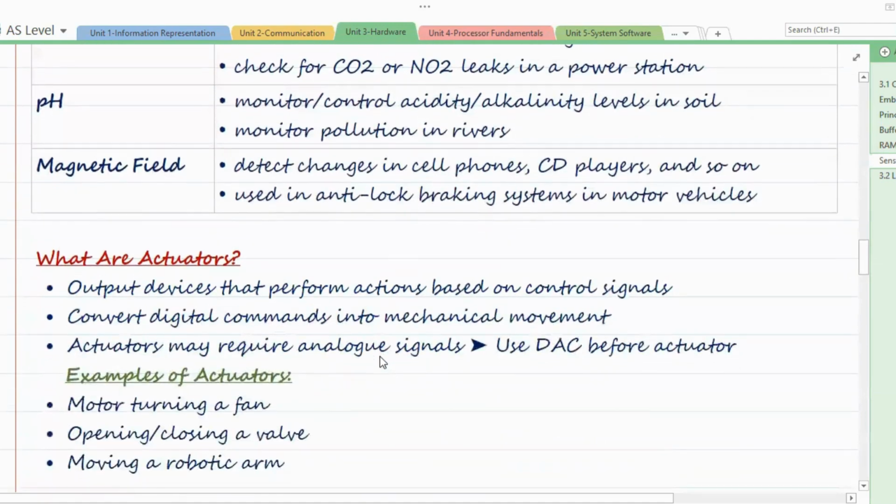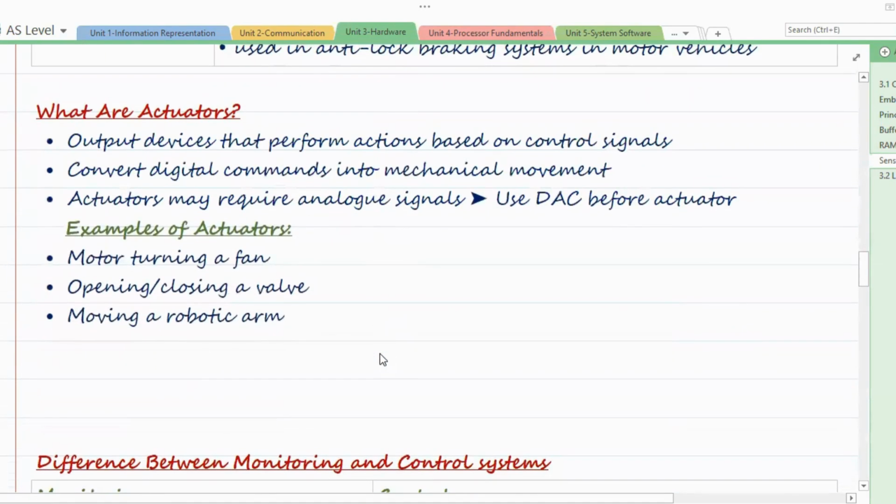Now let's also talk about what actuators are. When we talk about a controlling system, we say that they take action. Now how are the actions taken? Who performs the action? That's where actuators come in. An actuator is an output device that performs an action based on control signals. You can think of it this way: a sensor is like the eyes or ears of the system.